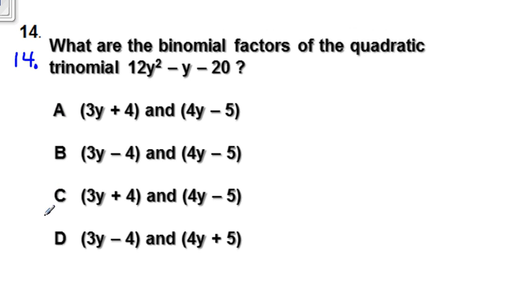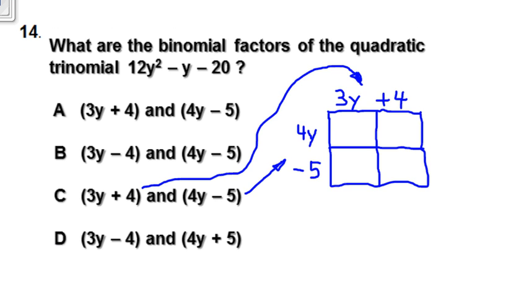14. What are the binomial factors of the quadratic trinomial 12y squared minus y minus 20? Now we can come down here and try our different answers. If we try answer C, we can take quantity 3y plus 4 times quantity 4y minus 5, and if we multiply them out, we're going to have 12y squared in the upper left, plus 16y in the upper right, because 4 times 4y is 16y.